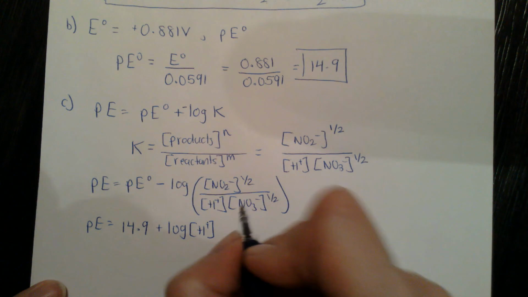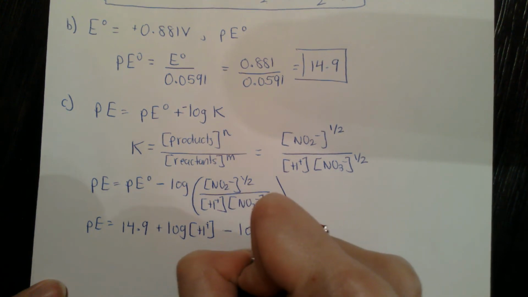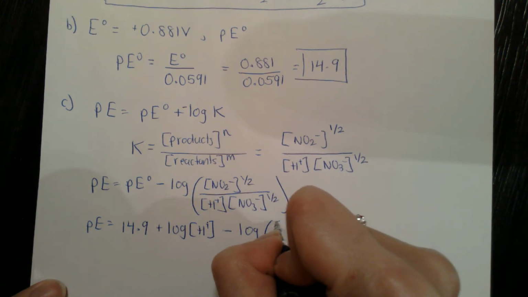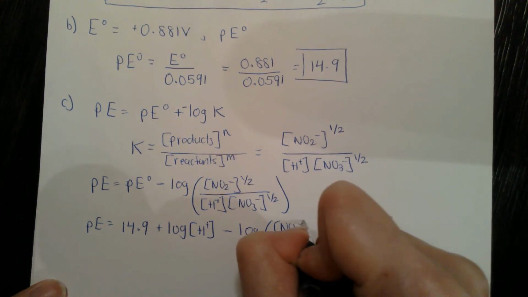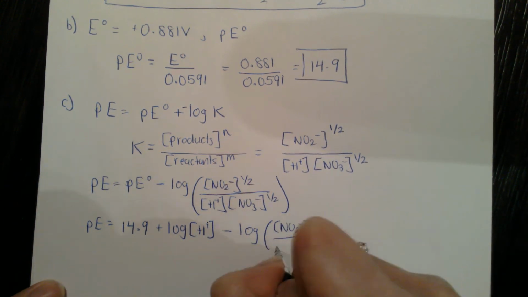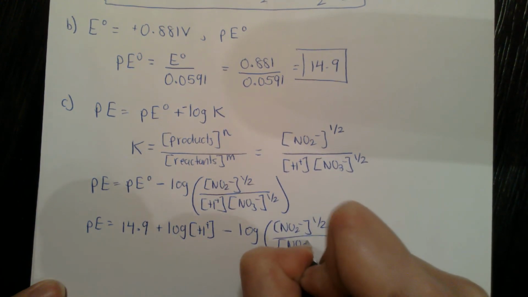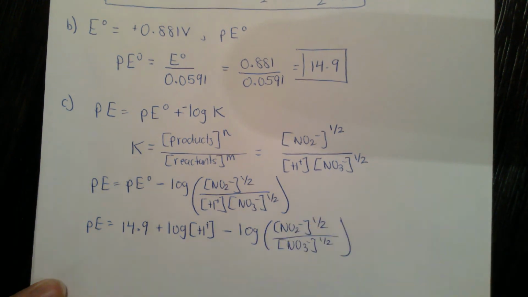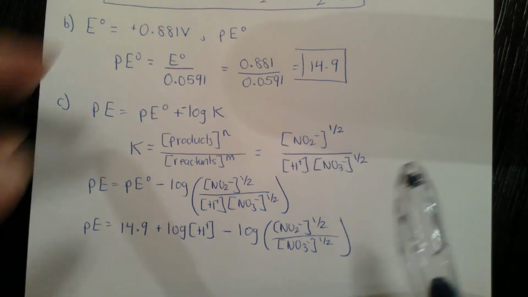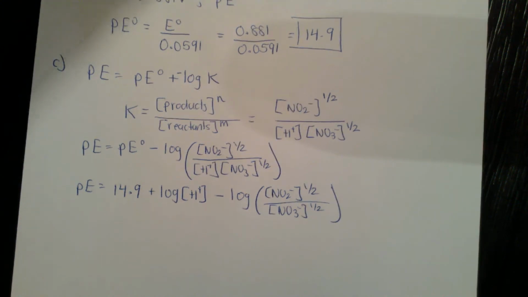And then this will have minus the log of, we left these other things in here, NO2 minus to the 1/2 and NO3 minus to the 1/2. Okay, so I can clean this up a little bit more.